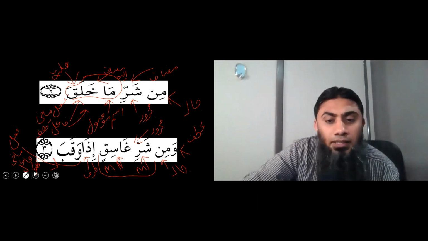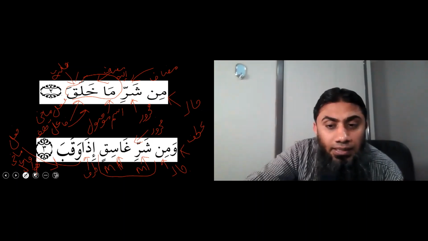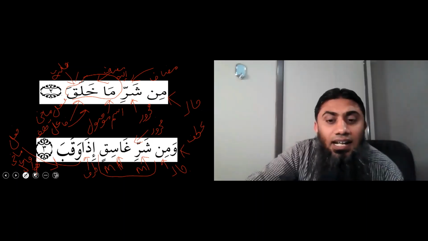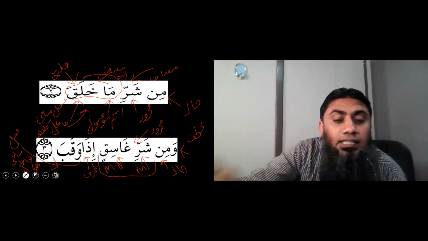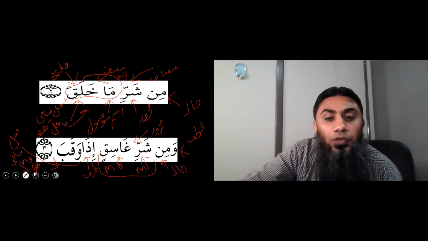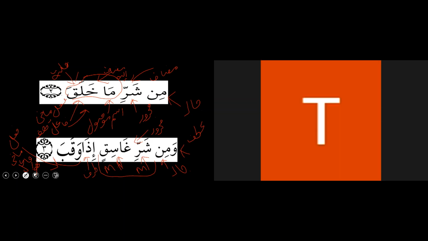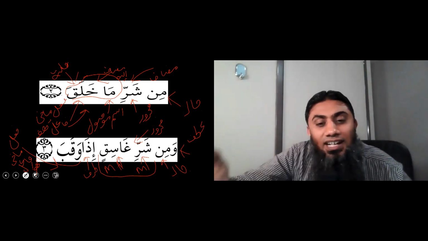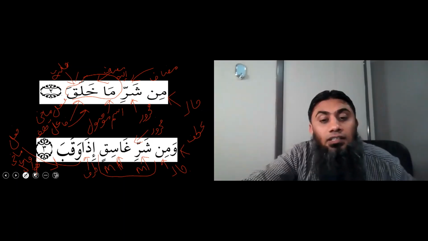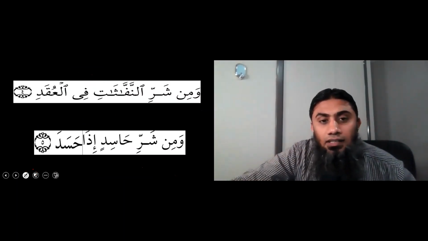And in a bigger picture, this first word min is jar, and the rest of the whole thing is in the bucket of majroor. So in reality, it's a jar majroor phrase in a bigger picture. Okay, remember this point, because one is the bigger picture in which min is jar and the rest of the stuff is majroor. And then inside of this majroor stuff, we discuss them one by one. Last ayah, second last ayah.